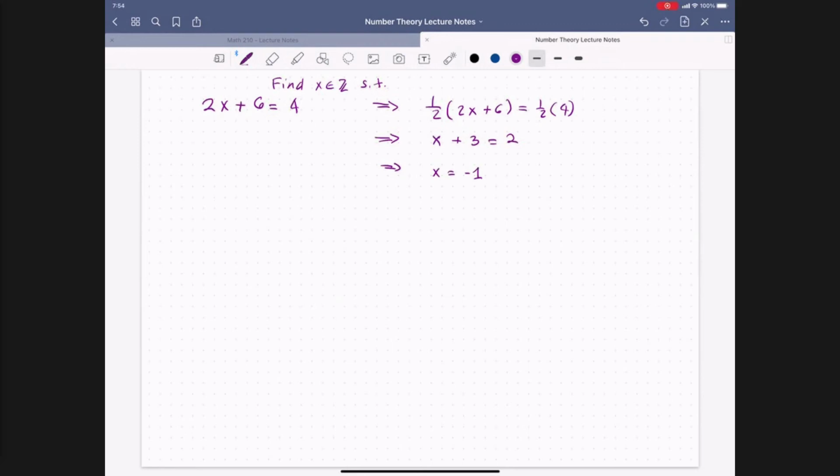But when we're working with the integers modulo 8, we need to be very careful. In the integers modulo 8, we have a complete set of representatives, 0, 1, all the way to 7 bar. But there are no fractions. Unlike the integers, there's no ambient space containing the integers modulo 8.